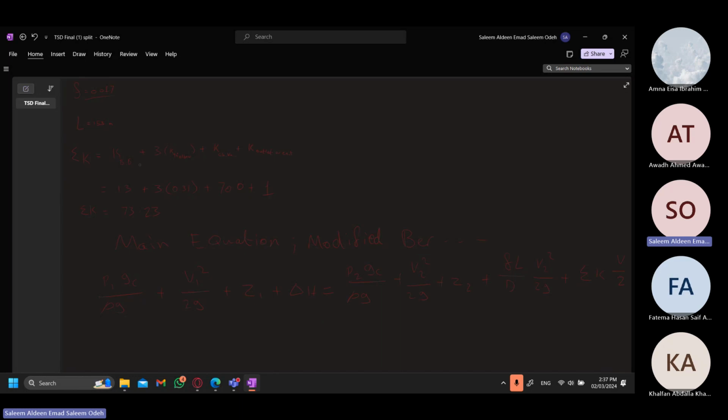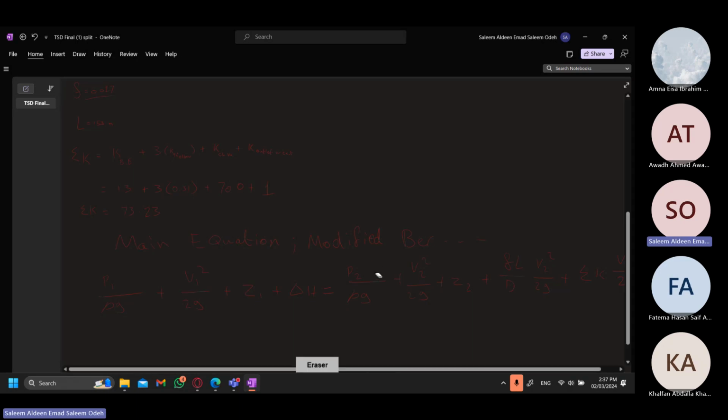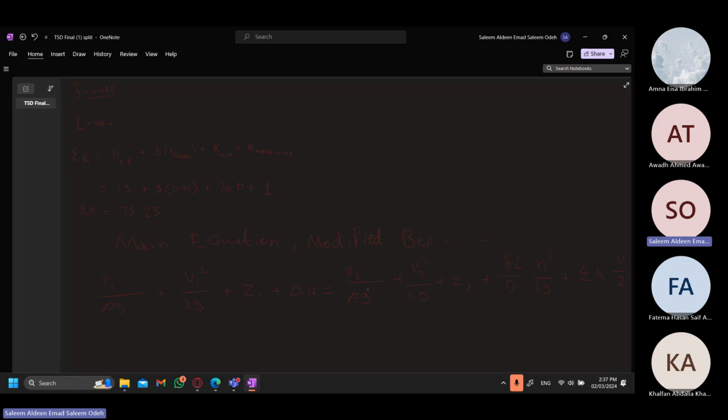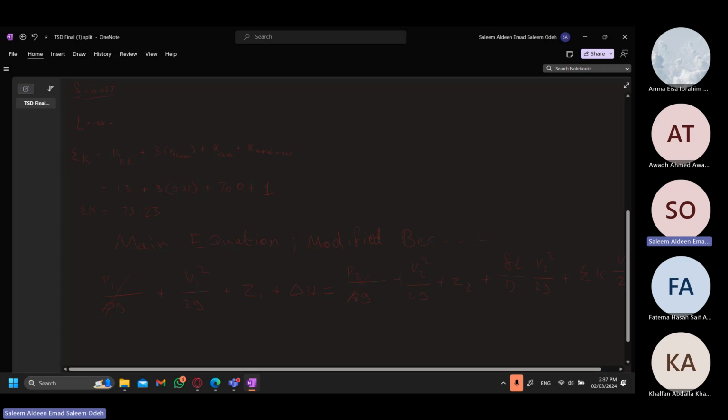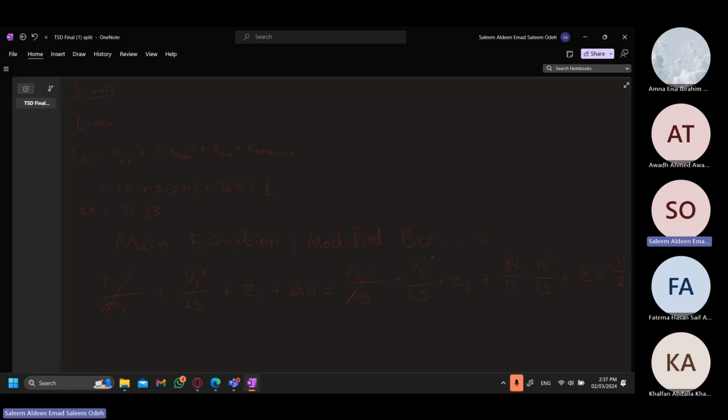Because we're using metric units like meters and centimeters, we don't need to use GC, so we could cancel it out. The pressure difference between the two has not been mentioned, nor did they ask us to find it, so we could cancel these two. The velocity throughout the system does not change, so we can cancel these two.